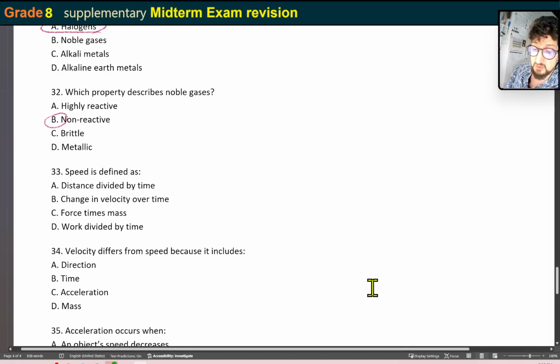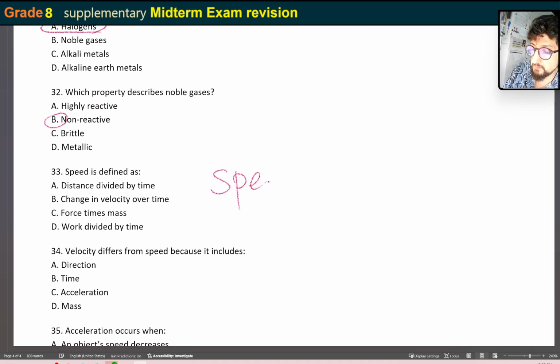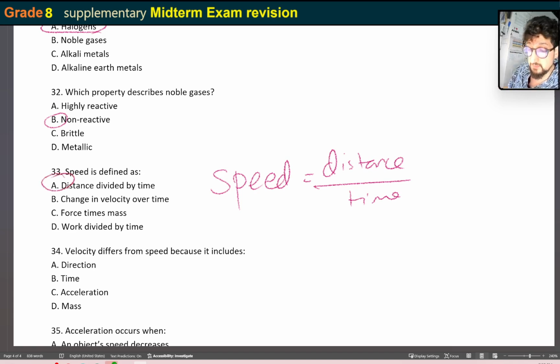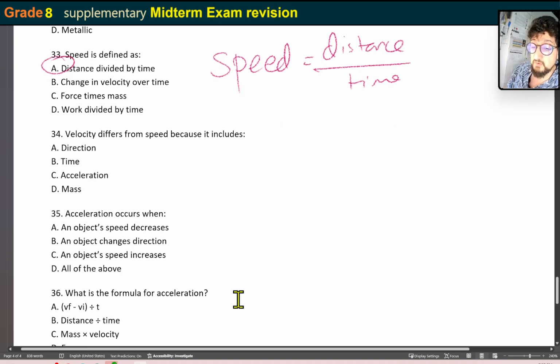Speed is defined as what? Speed equals distance over time. It is the distance covered in a certain time, so distance divided by time is sufficient. Velocity is different from speed. How?